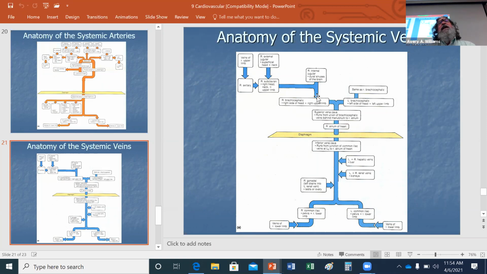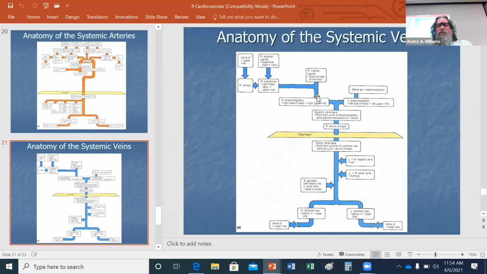The inferior mesenteric artery, is it a branch of the ascending aorta, aortic arch, thoracic aorta, or abdominal aorta? So she says it's in the bottom part, so that must be the abdominal aorta. All right, very good.